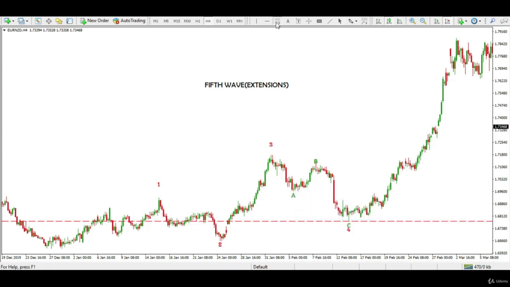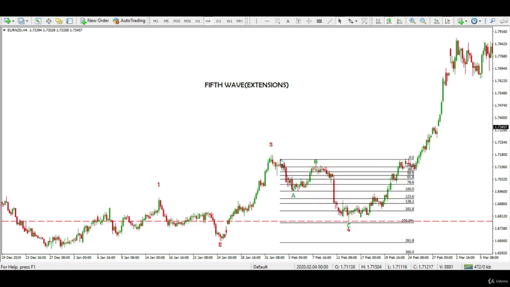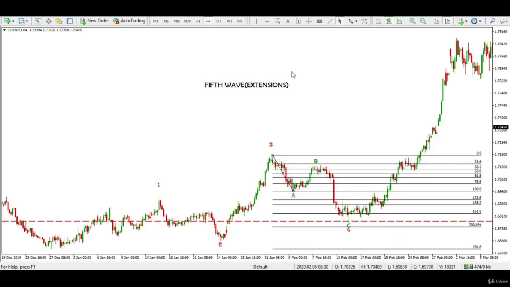Our buy entry to fifth wave would be where price terminated near the Fibonacci retracement zone for wave 4.